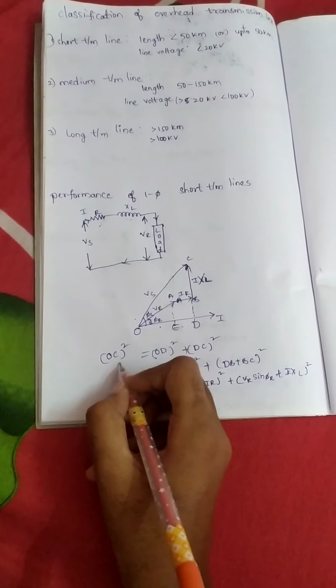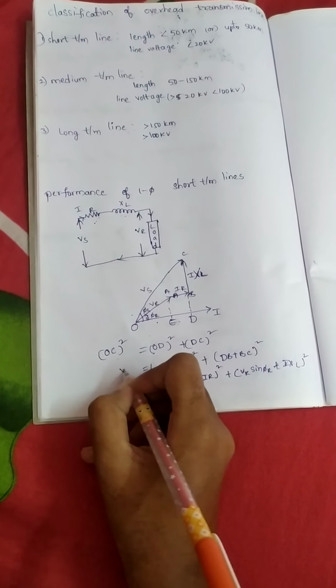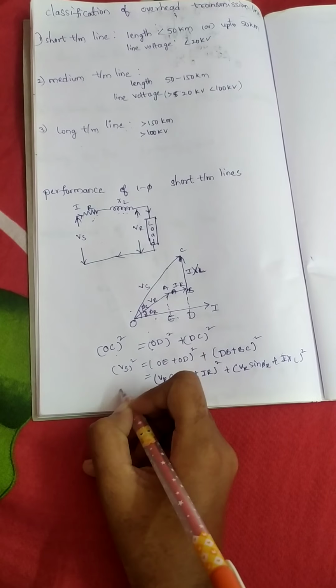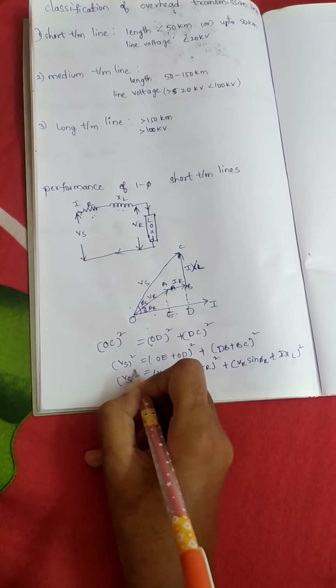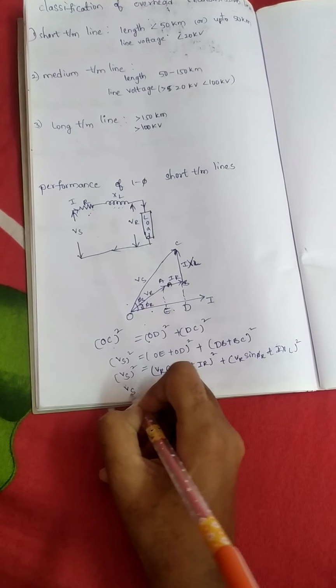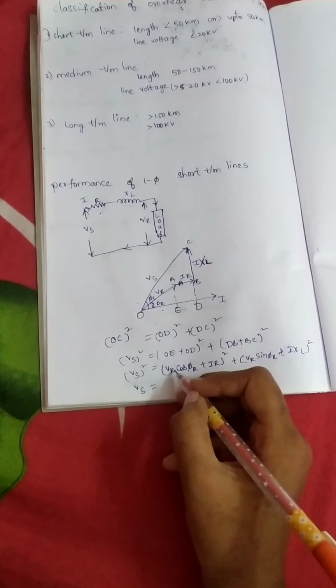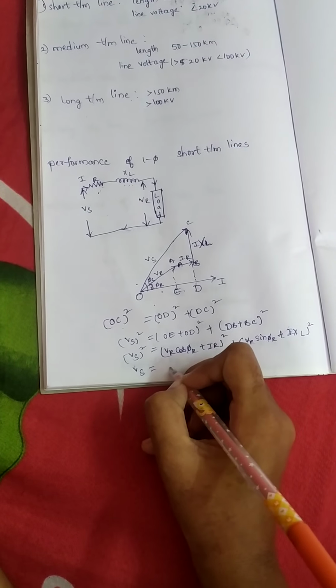So OC represents the sending end voltage. So Vs whole square is equal to this equation. So if the square goes to this side, it will become a square root.